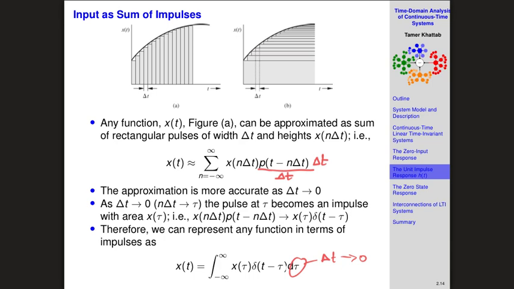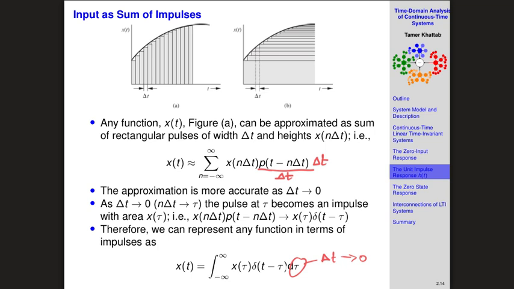So this, as we take the limit as delta t goes to 0, becomes a delta function. And it is shifted at location tau, which is the n delta t that we see here, right? And it is scaled by a certain factor, and that factor is x of tau.